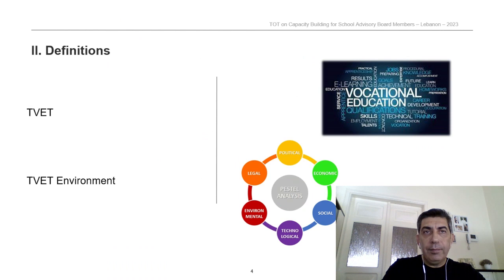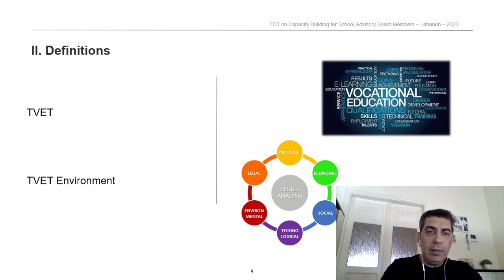TVET definition. The European wide accepted term technical vocational education and training refers to learning pathways which aim to equip people with knowledge, know-how, skills and or competences required in particular occupations or more broadly in the labor market for the jobs of today and tomorrow, while the term TVET environment refers to the context or setting in which technical and vocational education and training programs and activities take place.